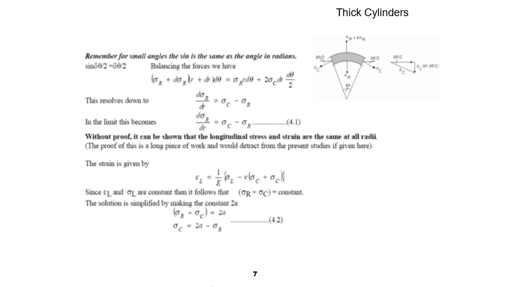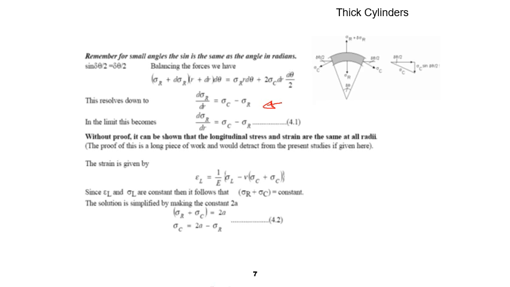So when we balance the forces, we have sigma r plus del sigma r times r plus dr times d theta, because for a very small angle, sine of the angle is equal to the angle itself, provided the angle is in radians. So we can omit the sine in both sides. So I'm left with this equation on top here, which then we can resolve to get this equation.